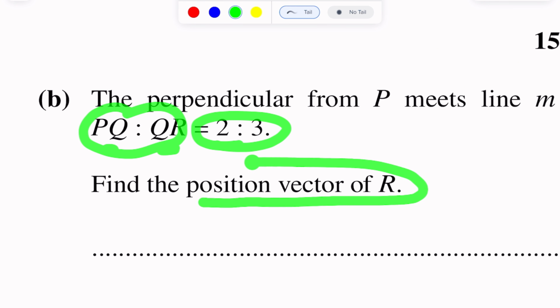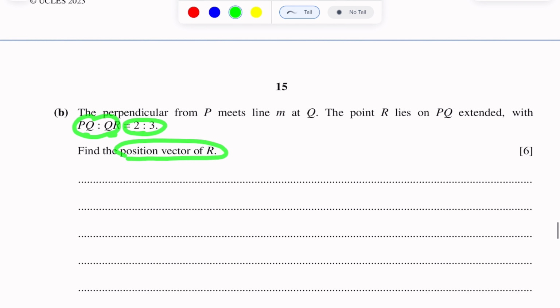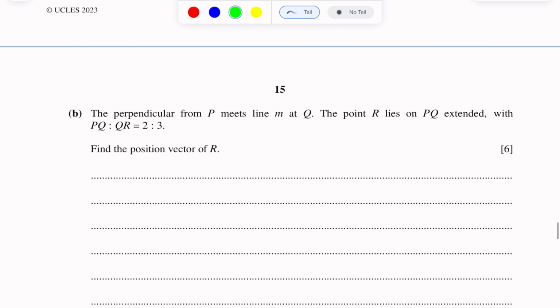Find the position vector of R. By these two given conditions, we have to find the position vector of R, meaning we have to find OR.